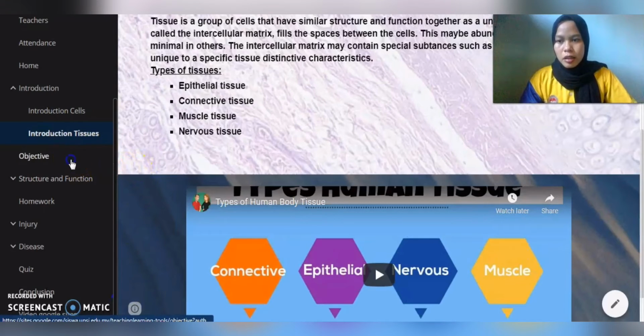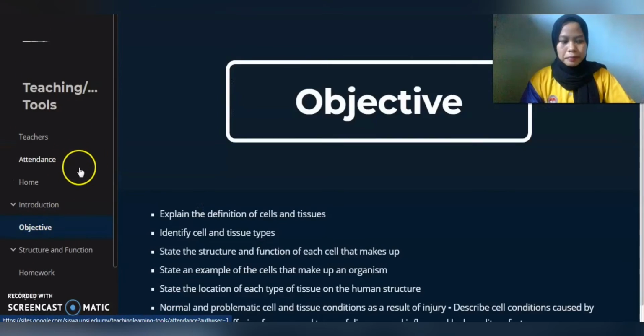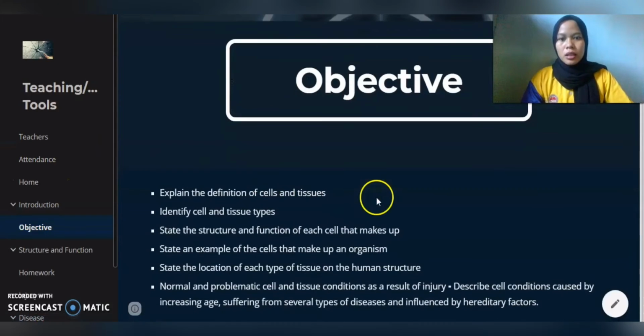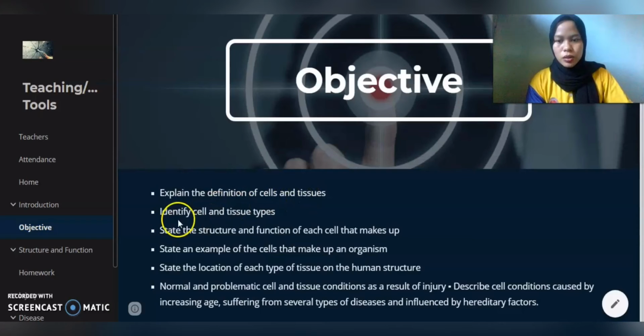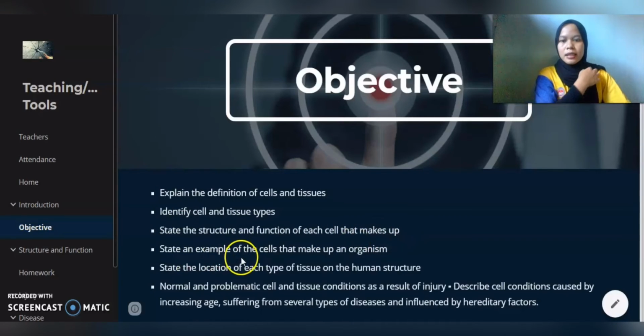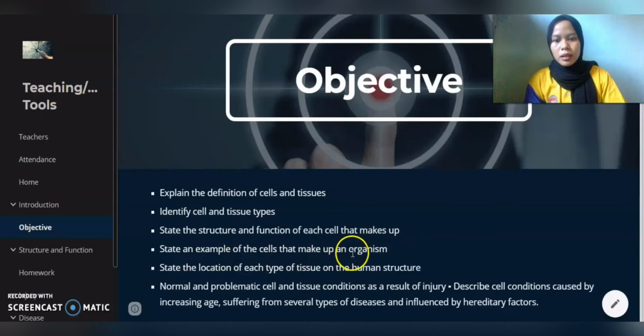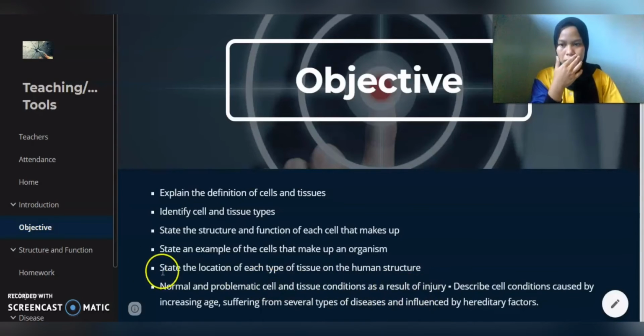So next is the objective. Just click here. So the objectives are to explain the definition of cells and tissues, identify cell and tissue types, state the structure and function of each cell that makes up, state an example of the cells that make up an organism, state the location of each type of tissue in the human structure, and normal and problematic cell and tissue conditions as a result of injury.